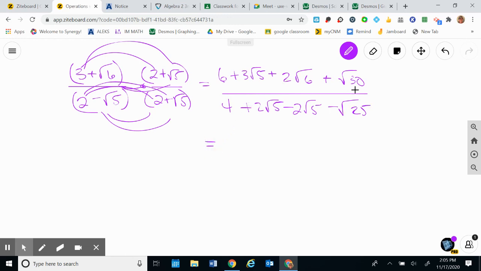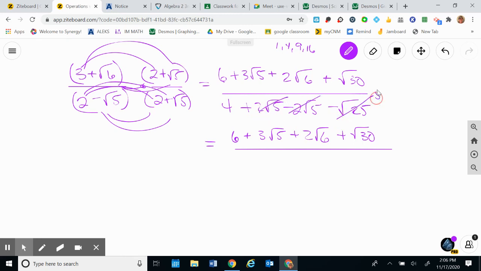Okay, look on the top. None of these are like terms. And 30 is not divisible by 4 or 9 or 16, so you can't break up 30 into anything meaningful. So we've got to just leave it. 6 plus 3 root 5 plus 2 root 6 plus the square root of 30 all over, and then these two cancel out.